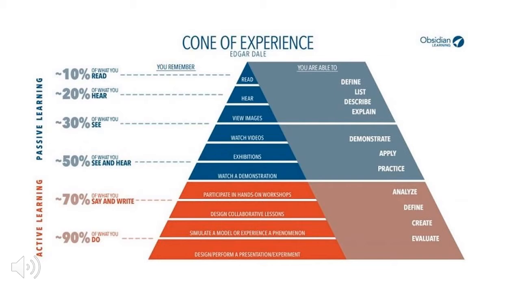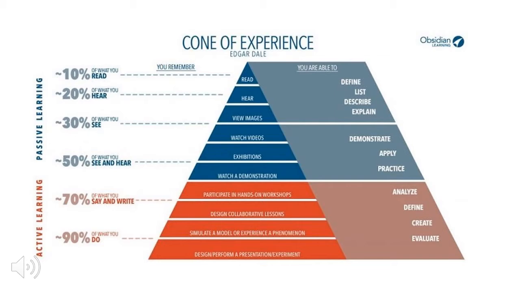So when we move up to the top part of the cone, we know that if we only allow the student to read, or we only use lecture styles or one-way teaching, where the students only hear, view images or watch video, this is the low level of thinking.